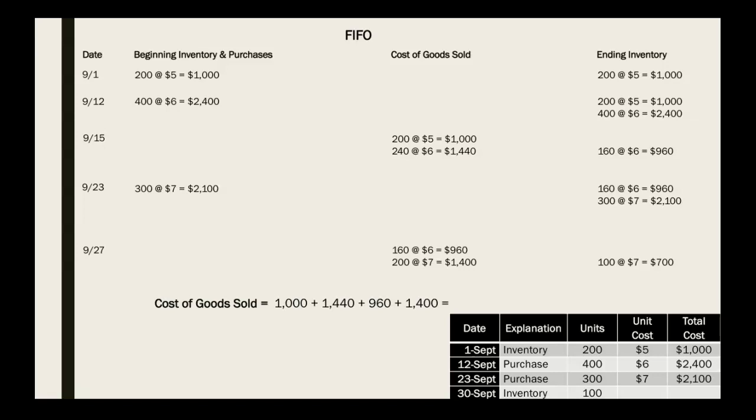Your cost of goods sold will be the sum of all of those. So if you add all of those up, you get a cost of goods sold of $4,800. Ending inventory is even simpler. So for ending inventory, we just look at the last day, and we want to know the total value of that inventory that we had on the last day. So that's our 700.